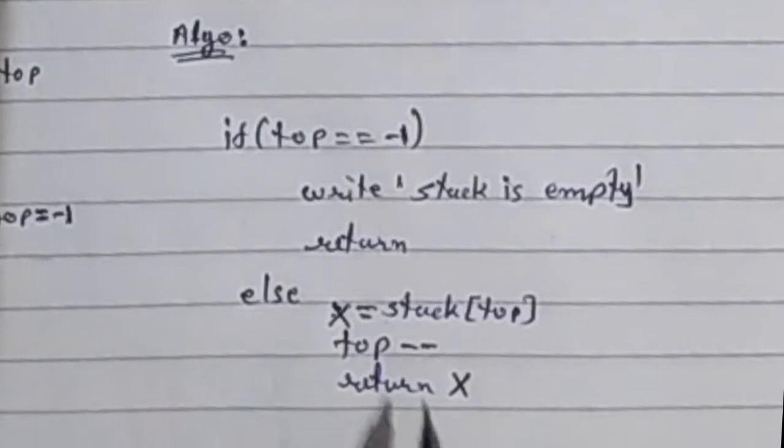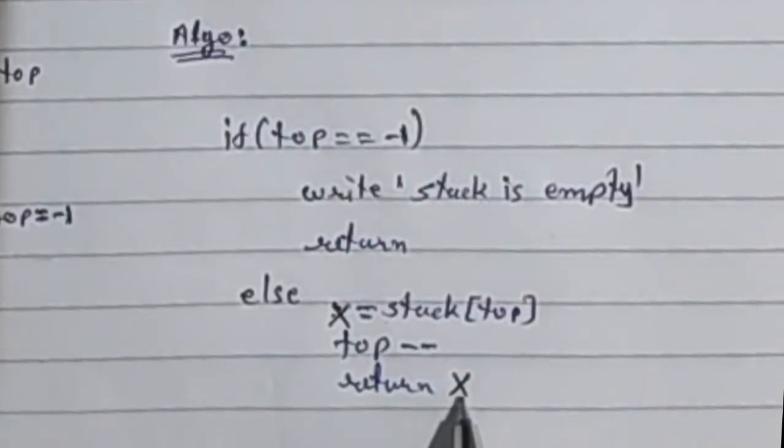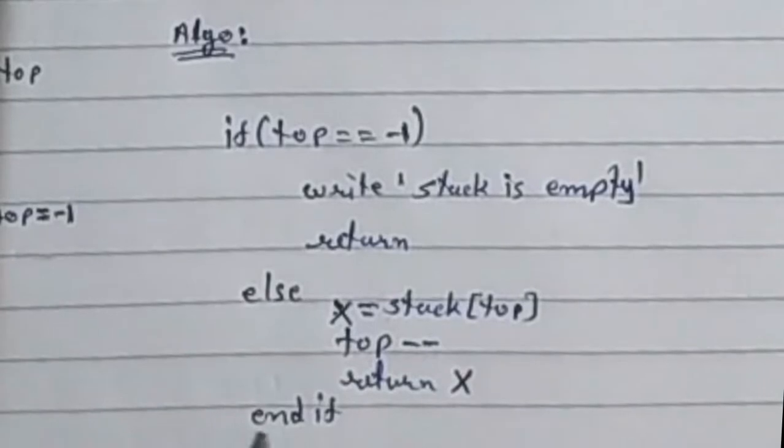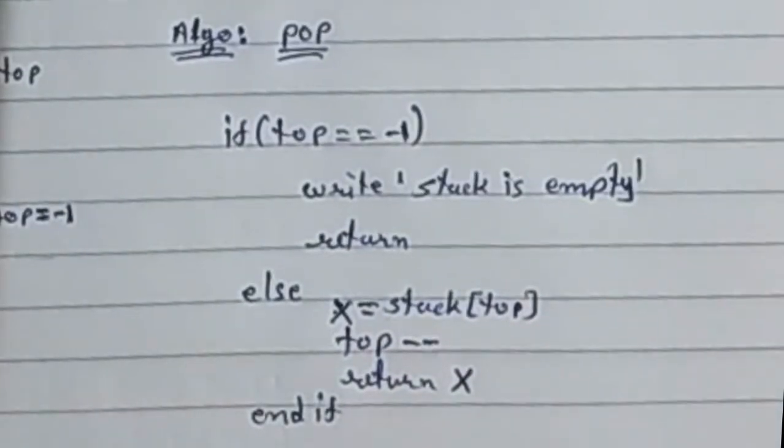So whatever value we are storing into this x, we are going to return over here. That means the deleted element we are going to return, and here we end the if condition. So this is the algorithm for pop. That means if we want to remove an element from the stack, this is the algorithm for that.